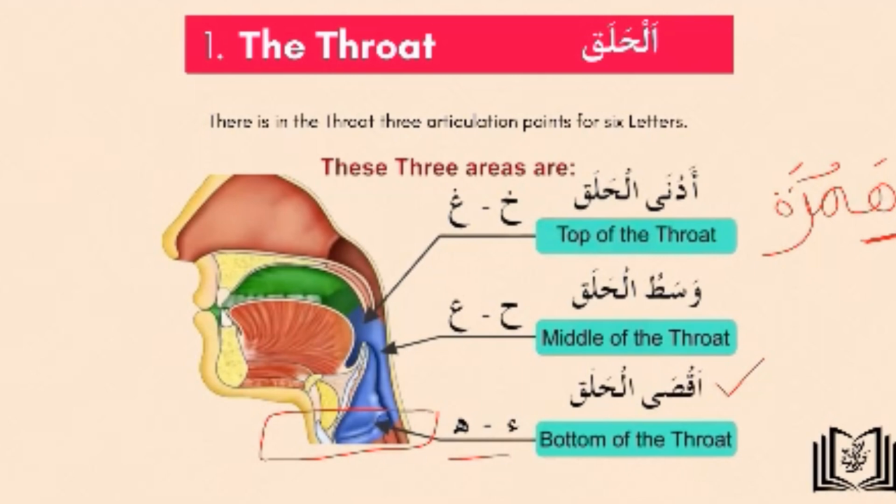Hamza, ha. Here also we have a letter ha, but there is a lot of difference between this ha and this ha. The ha which we learned now is aqsal halaq. It comes from the deepest part.